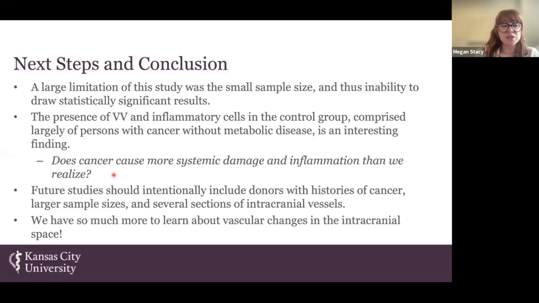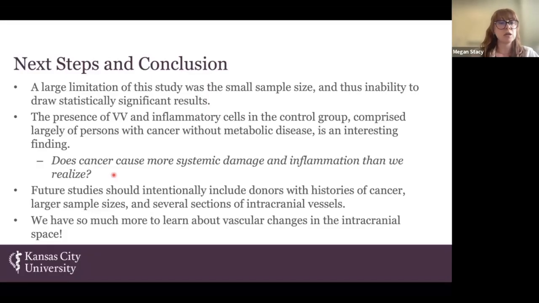So the question coming up for me is, does cancer cause more systemic damage and inflammation than we even realize today? That kind of makes me wonder about things like VEGF signaling around cancer tumors, spurring blood vessel growth.